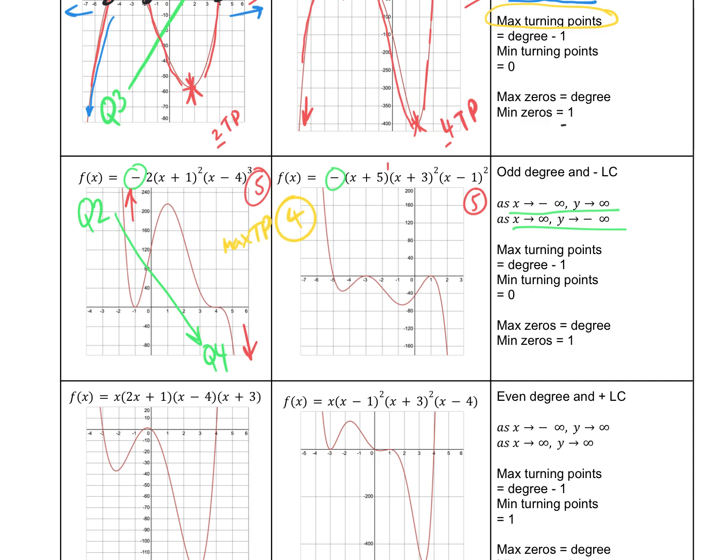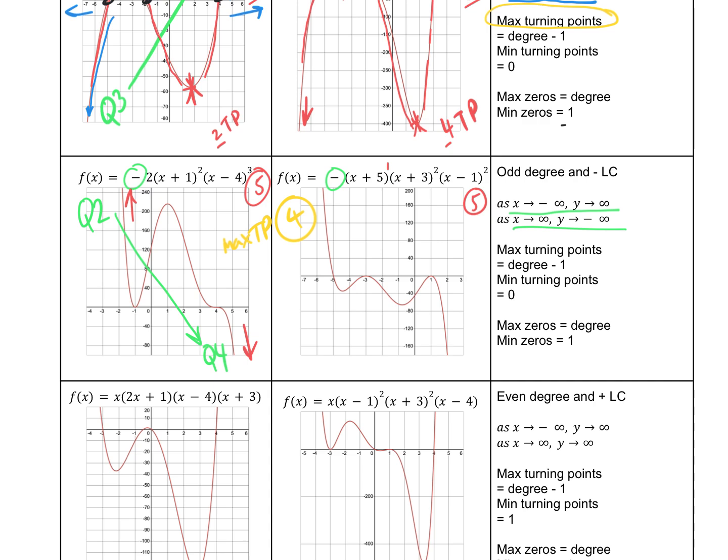There could be 0, there could be 2, but no more. And in terms of the zeros, I'd expect the maximum number of zeros to be 5, and I could have 4, 3, 2, 1. I need at least 1 zero though, because I need to have those opposing end behaviors, which means I need to cross the x-axis at least one time.